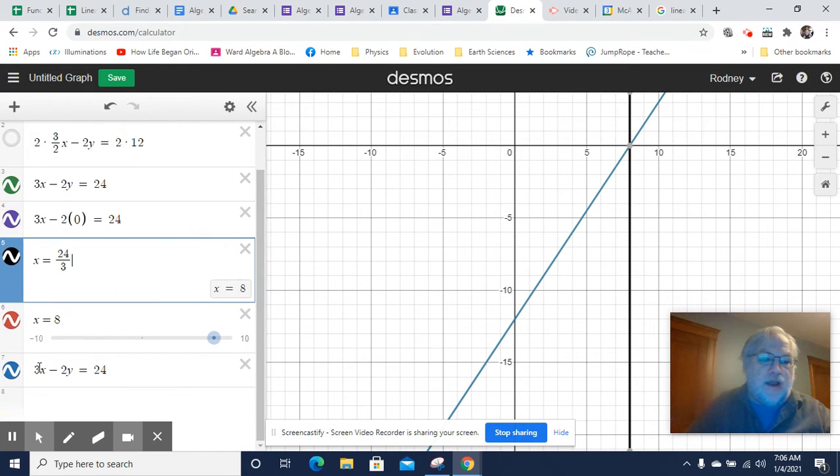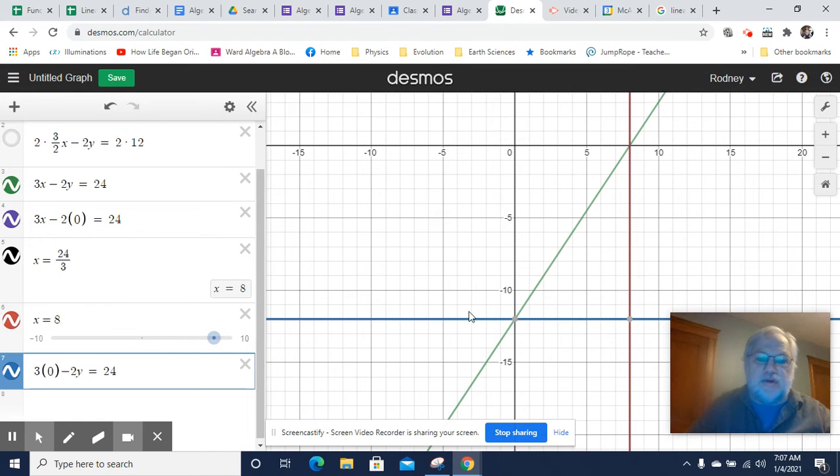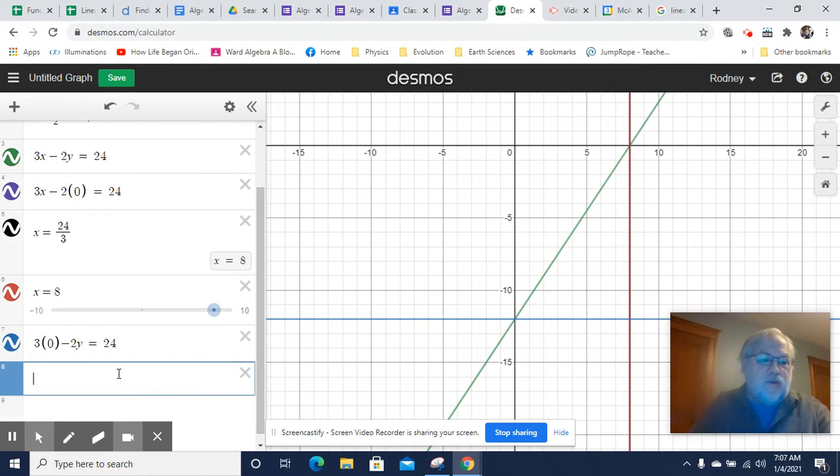Now let's find the y-intercept. To find the y-intercept, we just replace x with 0. And you notice it makes a horizontal line. That means I've got a y value, and the y value happens to be at negative 12. But let's go through the process of solving that. We don't care about 3 times 0 because that's just 0, and we're left with negative 2y equals 24.